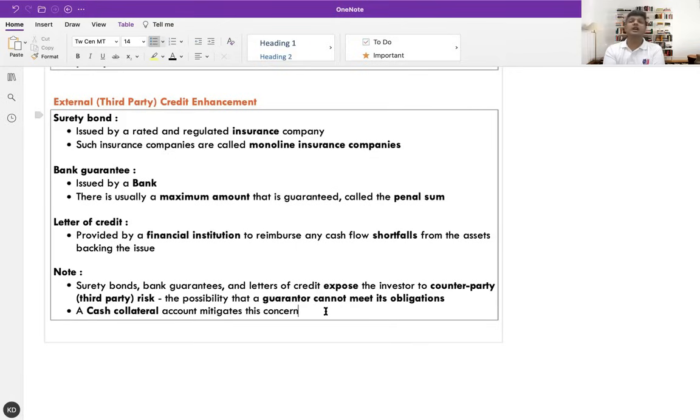They attach your current account to your loan. That's the current or savings account of your company with the loan, so that they get better assurance. This is the way you can do the credit enhancement. The more credit enhancement you can provide, the lower will be your risk and the lower will be your yields. Clear?